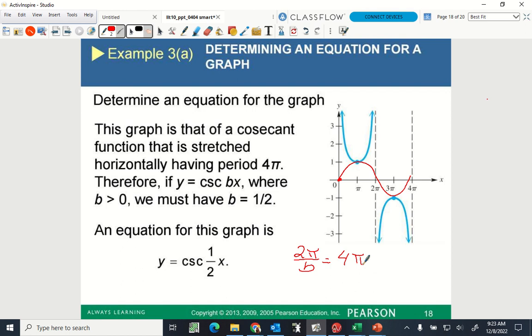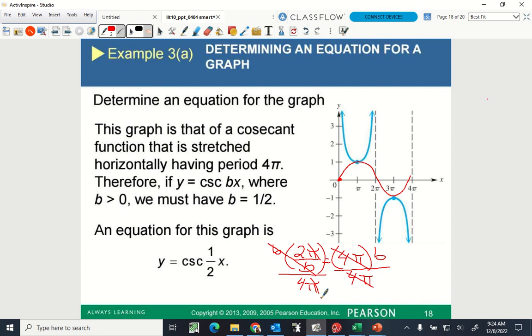So I multiply by b on both sides and then divide by 4 pi, because I'll have b all by itself. The b's cancel out over here. So now it's 2 pi over 4 pi, and the pi's cancel, which gives me 1/2. 2 over 4 gives me 1/2.